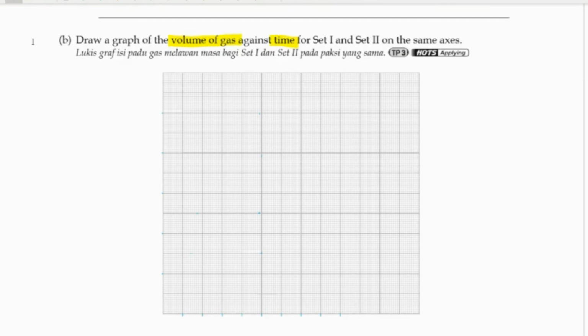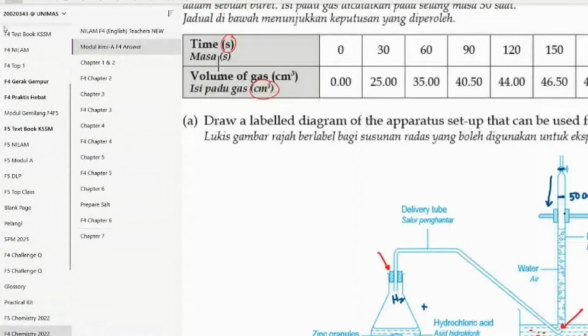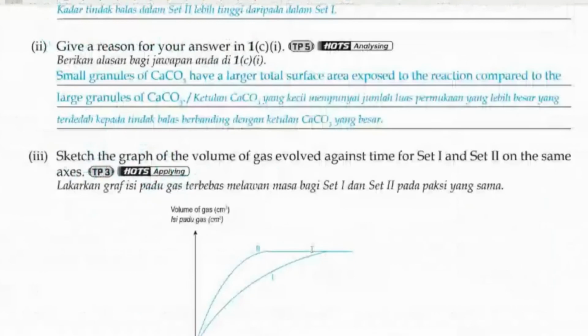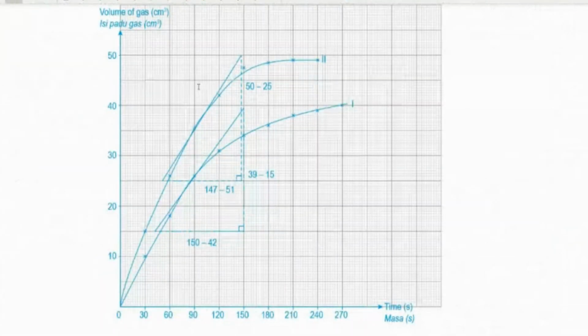Class, have you finished plotting the graph? You get a graph like this. Volume of gas collected, label with the unit; time, seconds.